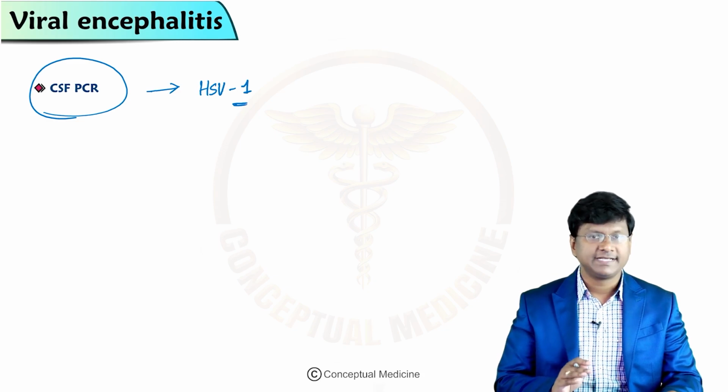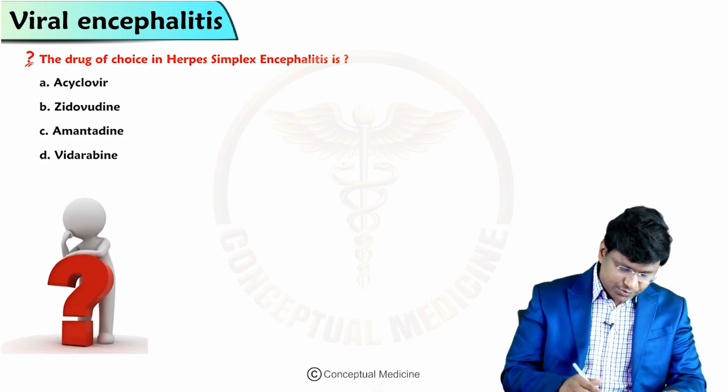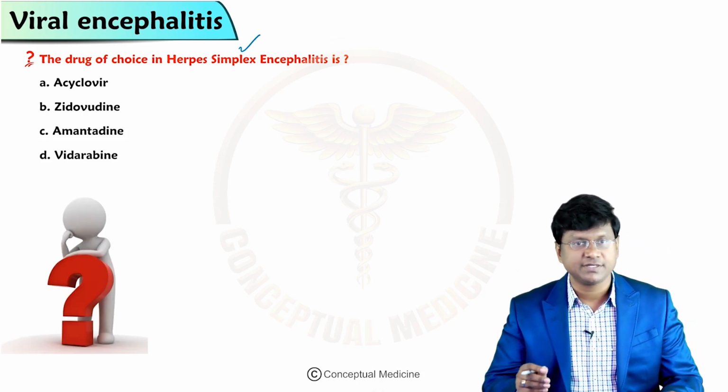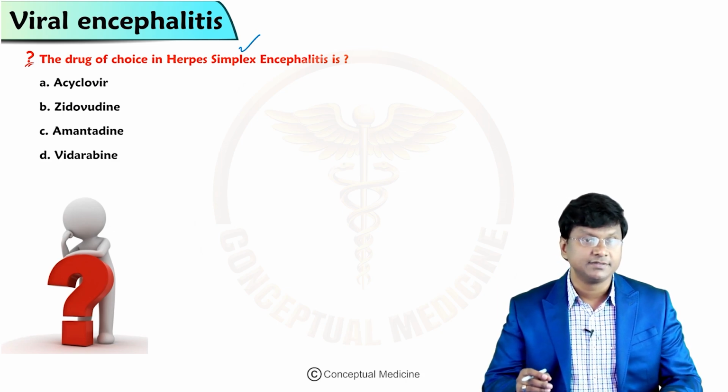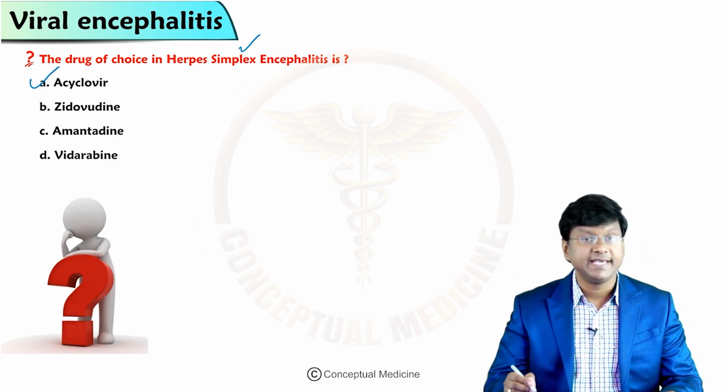Now, followed by that, the treatment in patients with herpes simplex encephalitis. The drug of choice in case of herpes simplex encephalitis is Acyclovir, Zidovudine, Amantadine, Vidarabine? The drug of choice will be Acyclovir.